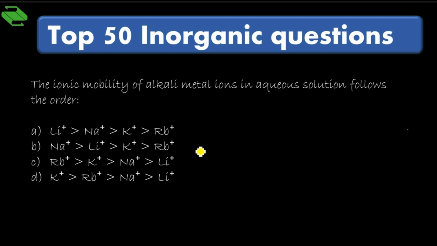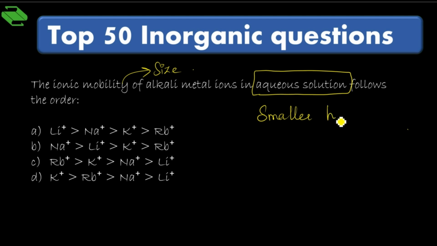This question is talking about the ionic mobility of alkali metal ions in aqueous solution and the order it follows. Okay, the key is that usually if they are asking about ionic mobility, which is related to size, right? Smaller the ion, more easily it can move. But here they are asking for aqueous solution. That is our key. So in aqueous solution we have to consider the hydrated ionic radius.